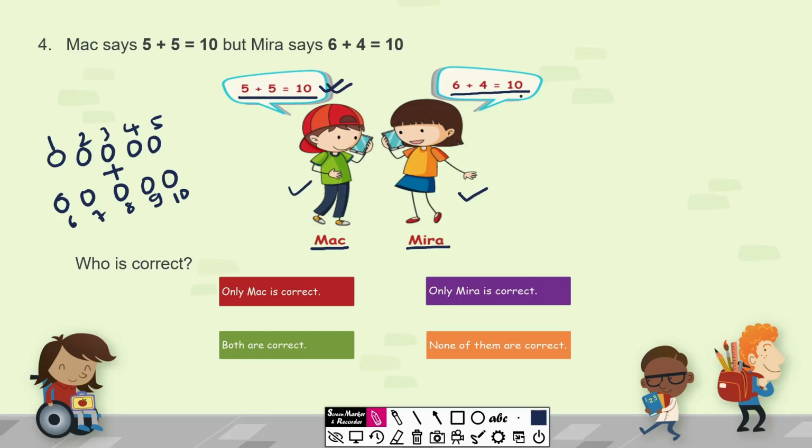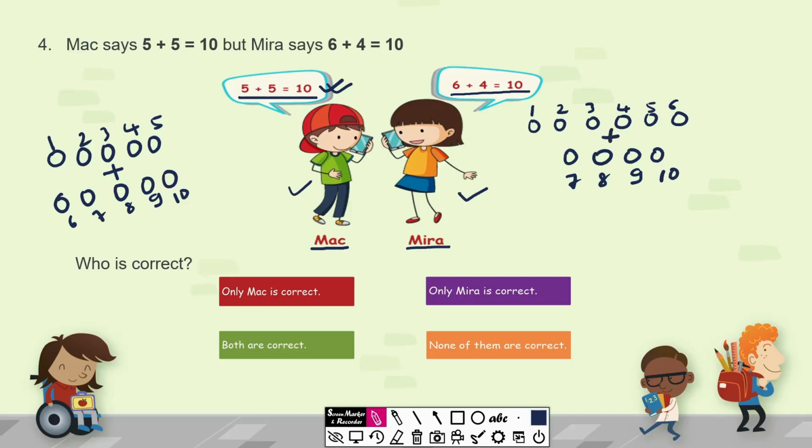Now let's calculate these two. Let's make 6 counters and 4 counters. 1, 2, 3, 4, 5 and 6 counters. 1, 2, 3 and 4 counters. Let's count them all. 1, 2, 3, 4, 5, 6, 7, 8, 9 and 10.